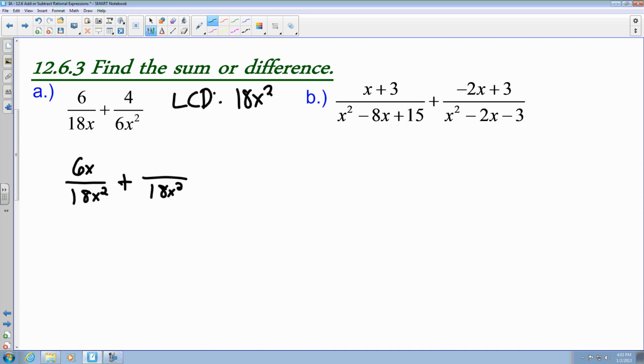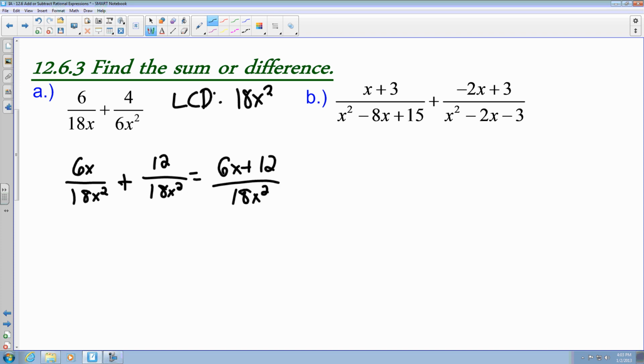For the second fraction, what I did was I multiplied the bottom by 3. And since I multiplied the bottom by 3, I must multiply the top by 3. So 4 times 3 is 12. And this ends up equaling 6x plus 12 over 18x squared.